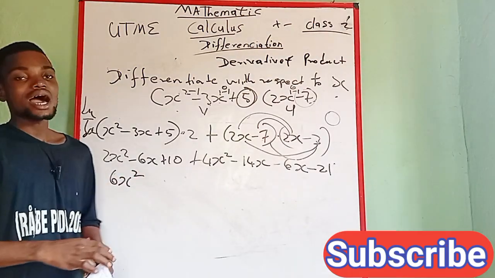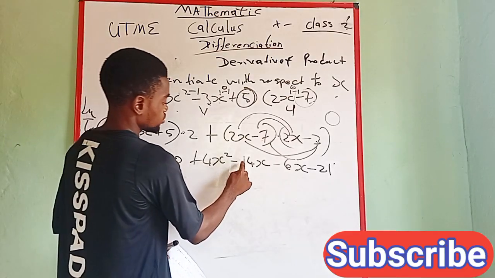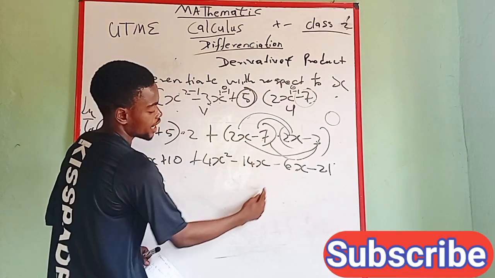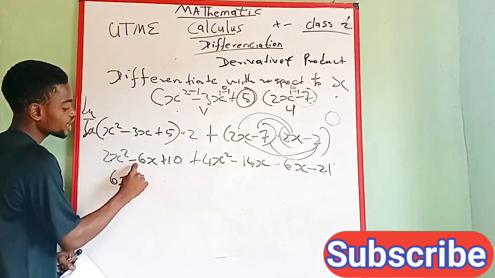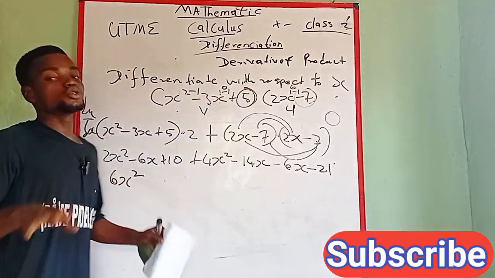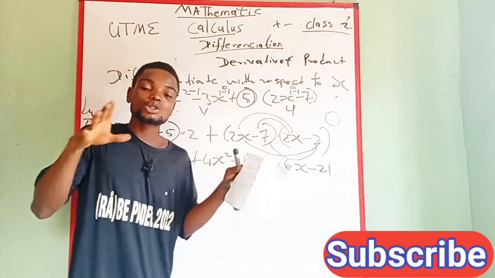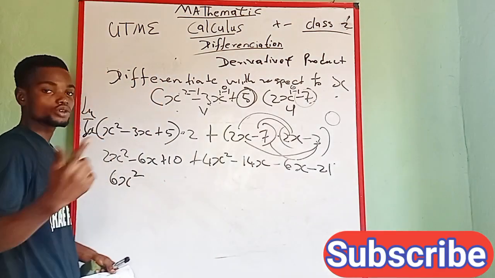Now I'm going for those that have only s without power. I have negative 14s. I have negative 6s. So this and this are the same thing, work it together. Once two numbers with negative come together, you add those numbers together, and their answer is going to be negative.